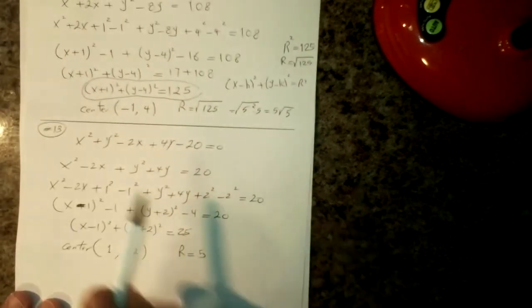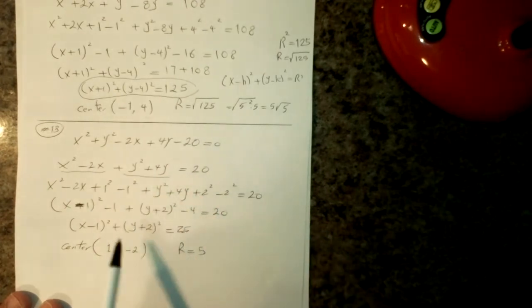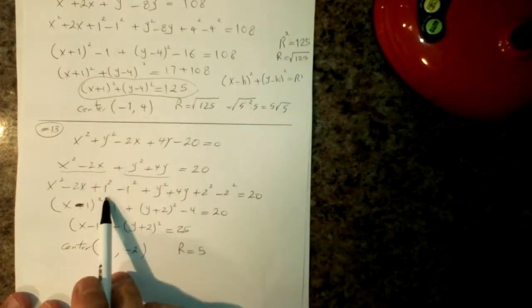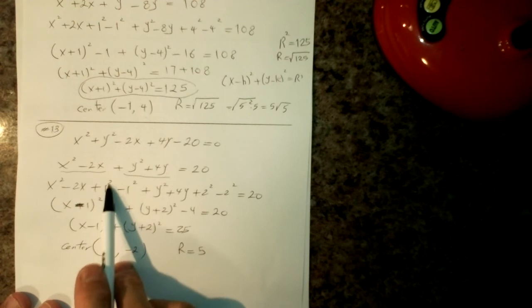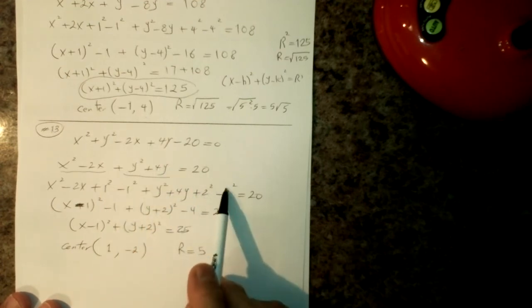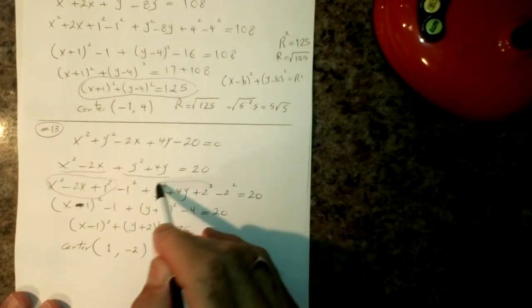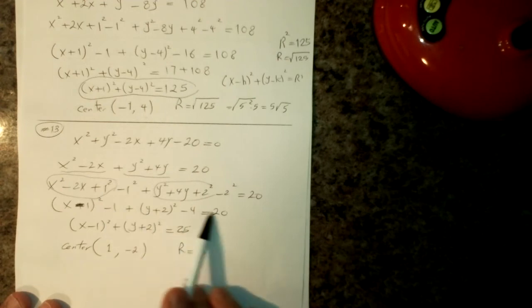Same thing for this one. You group x together and y together. You take half of the 2, raise it to the power of 2, add and subtract. Half of 4 is 2, add and subtract. Then you take these 3 and this 3. You write a formula.